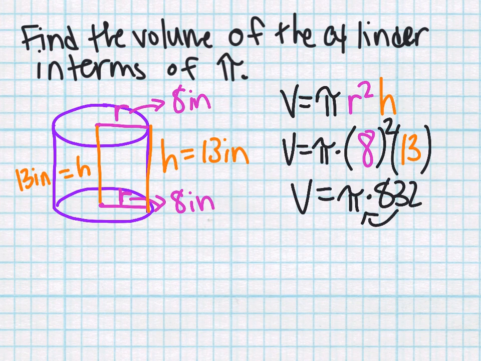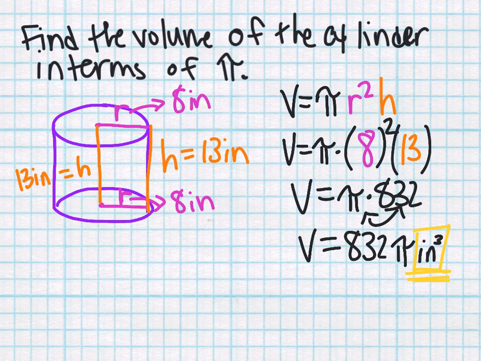Standard form says switch these. So volume equals 832 pi inches cubed. Remember, we said our units are always cubed. So this is the volume of the cylinder.